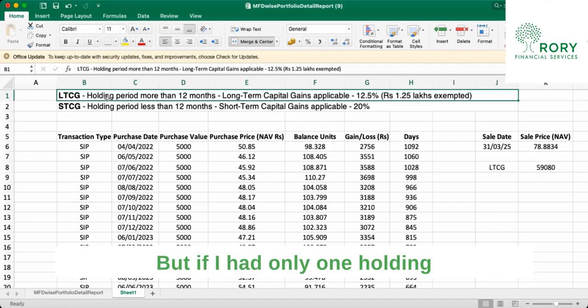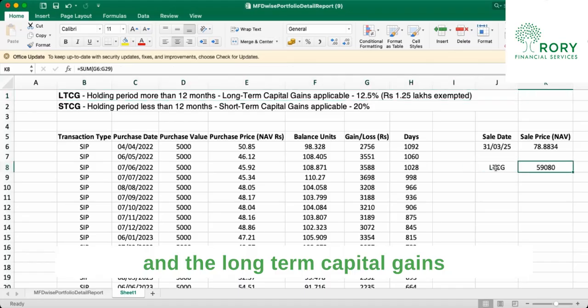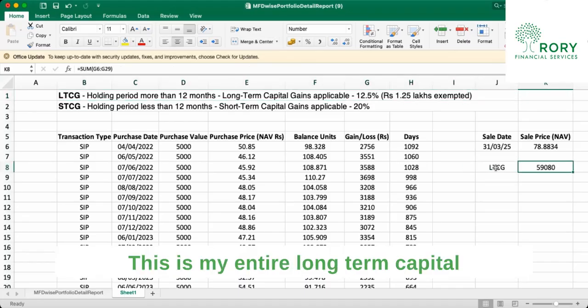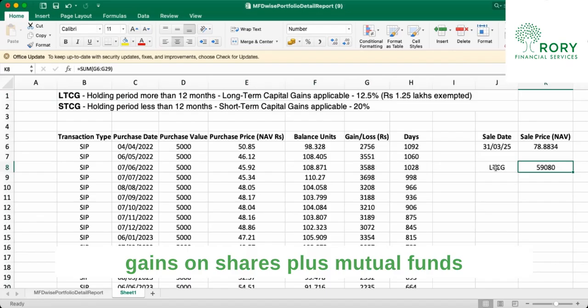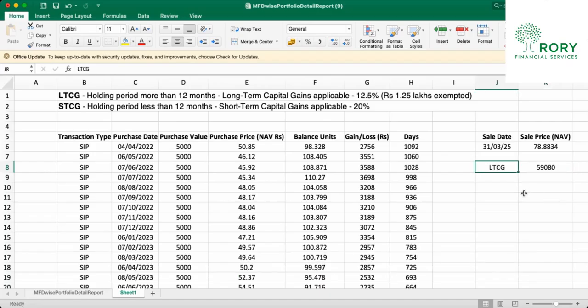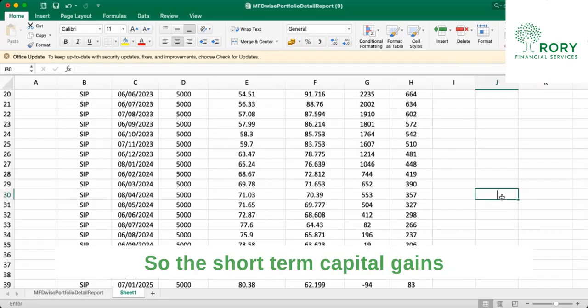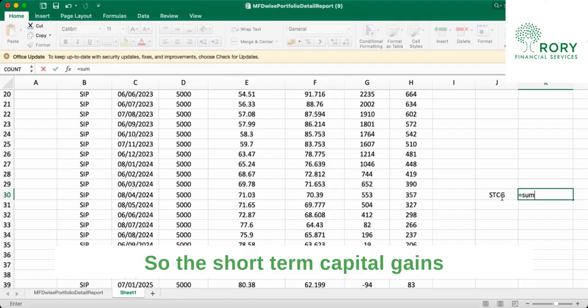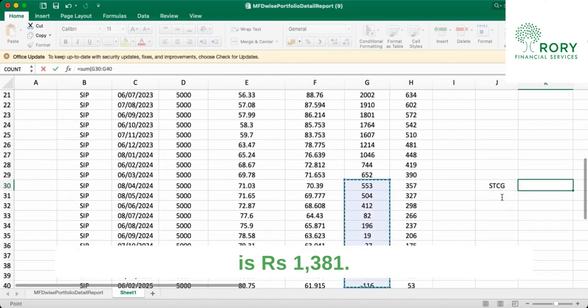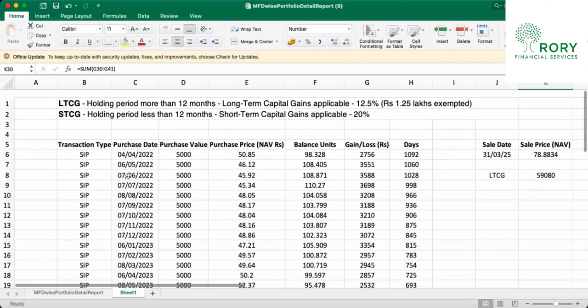But if I had only one holding, which was this Parag Parikh Flexi Cap, and the long term capital gains was 59,000, this is my entire long term capital gains on shares plus mutual funds, then I don't have to pay any tax on this. Now let's go to the short term capital gains calculation. So the short term capital gains is 1381 rupees.